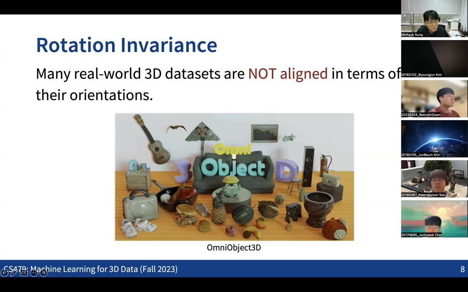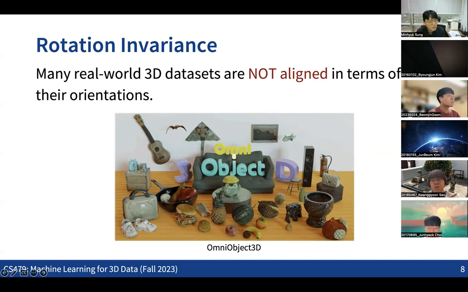I'm not sure whether you have had a chance to look at the 3D models in ModelNet or ShapeNet, but if you look at all the chairs or all the airplanes in these datasets, you will see that all these 3D models have the same orientation, the same base views.